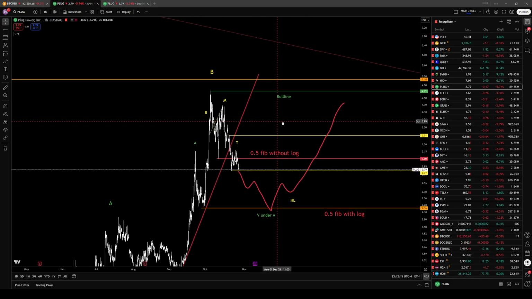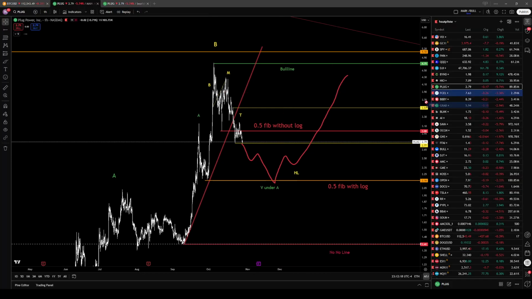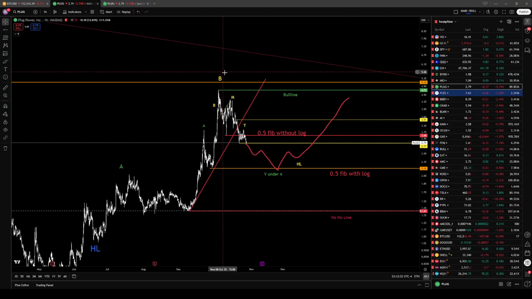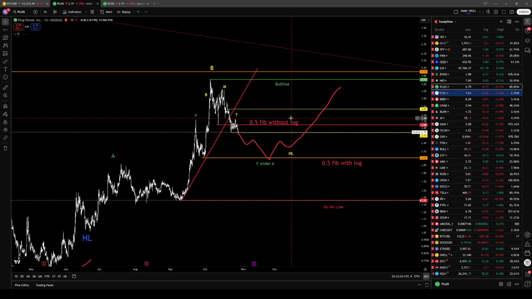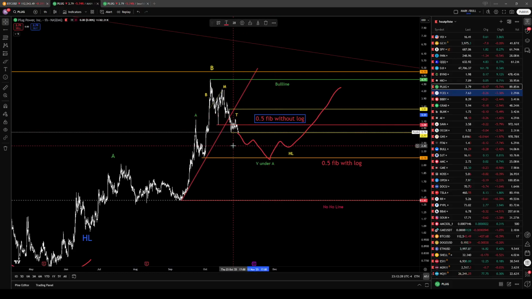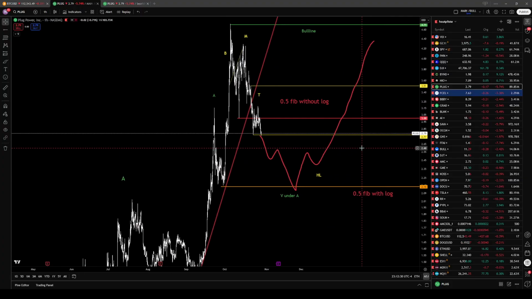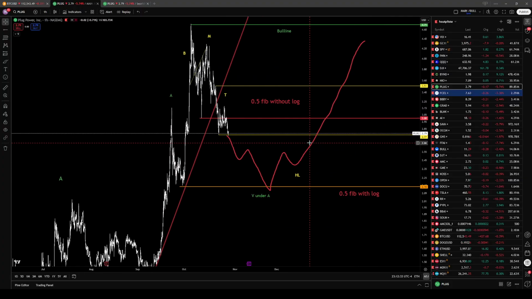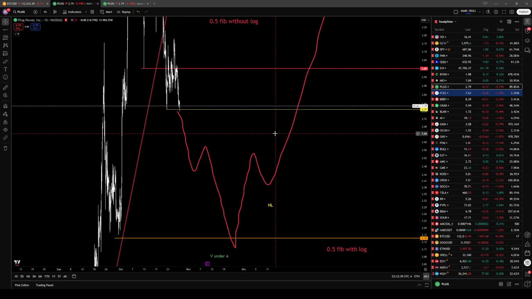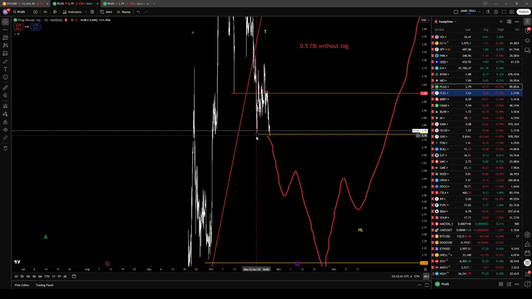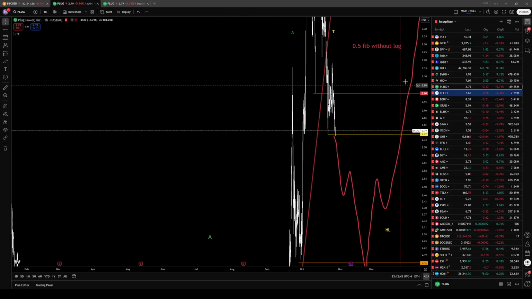Okay. For the bullish version today, we would still be in the B pullback. I think this 0.5 line, we can now clearly say no. This is gone. We already broke through here, so this V is gone.